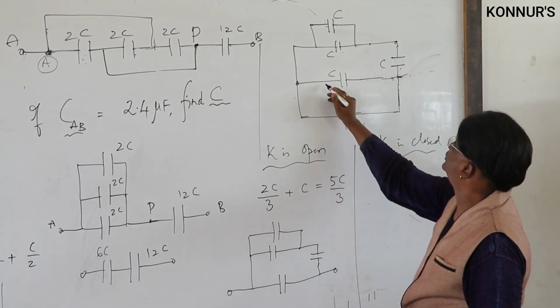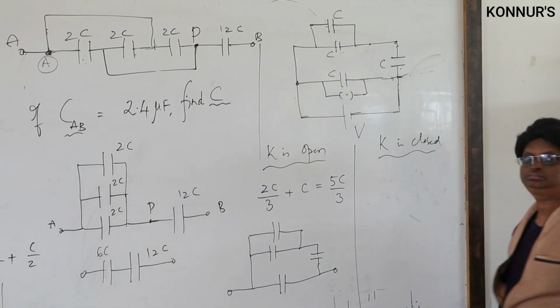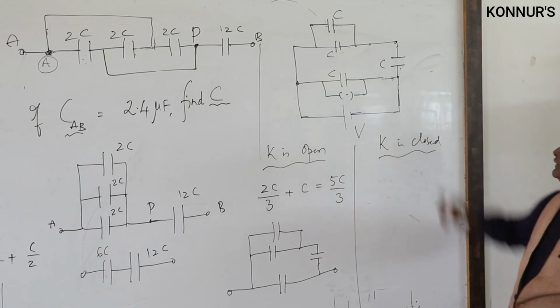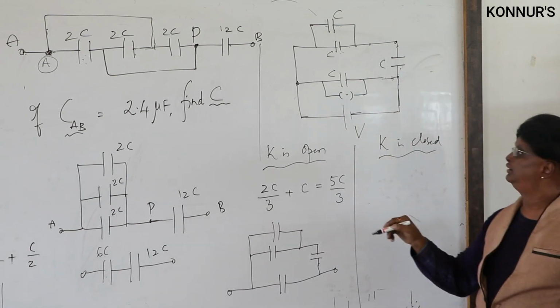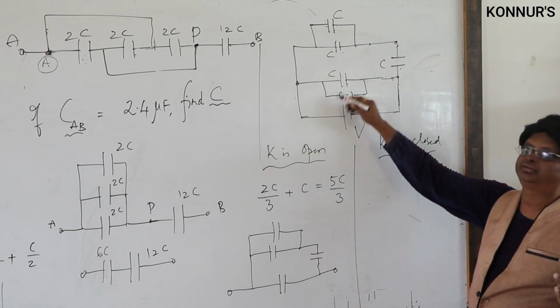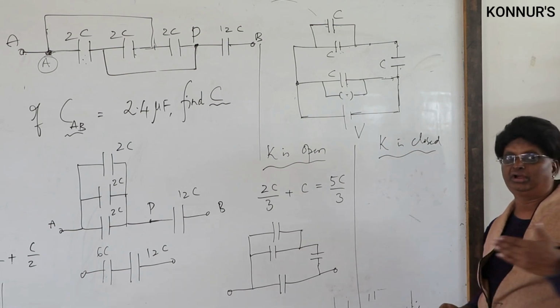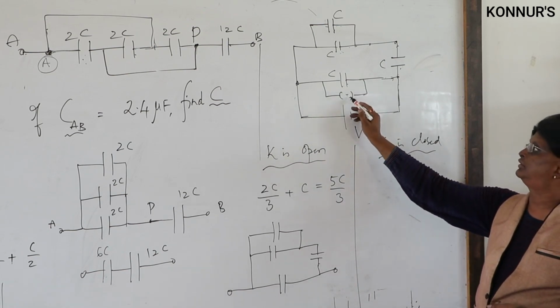Supposing now the key is closed. When the key is closed, this capacitor will be short circuited. That is, it won't work, no charge or no PD is created across this one.